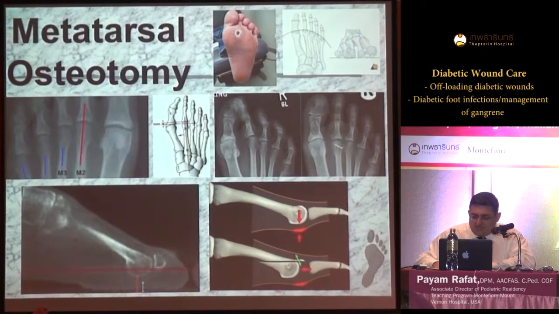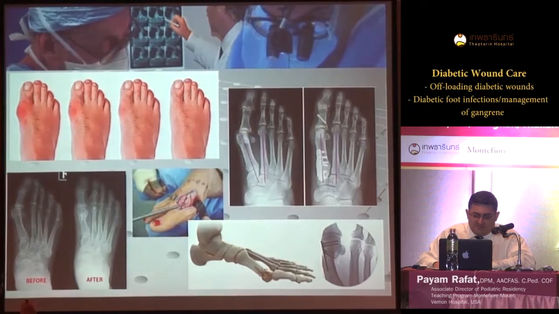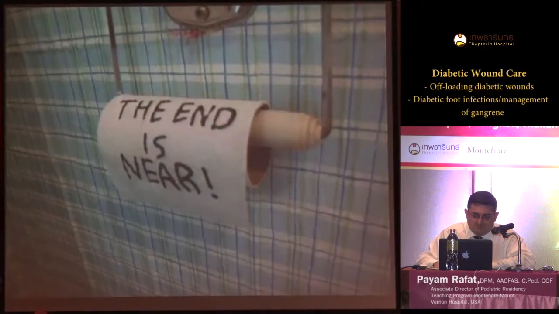So metatarsal osteotomies can be performed to reduce submetatarsal pressures. Bunionectomies can be performed to decrease pressures on the medial aspect of the foot.